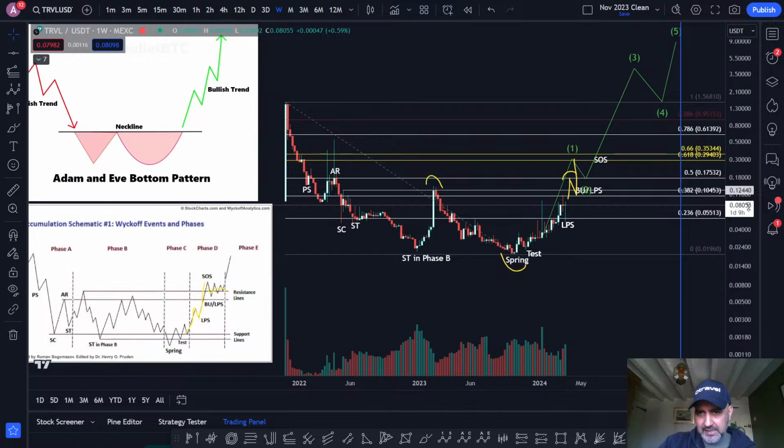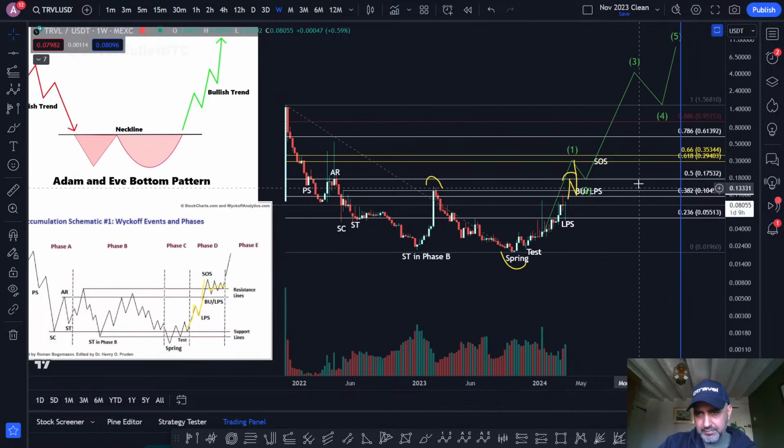That's basically, I think it's probably 10 cents. It's probably this 382. Maybe 9 cents, because my 9 cents is the historic figure of the token launch price.